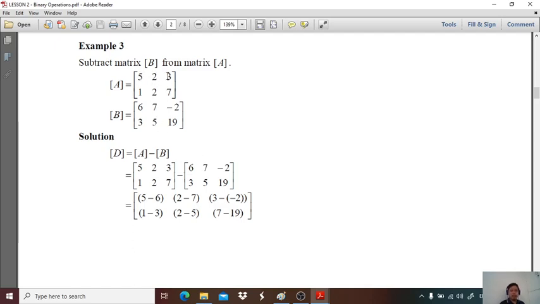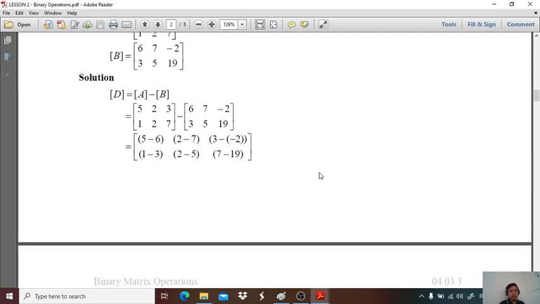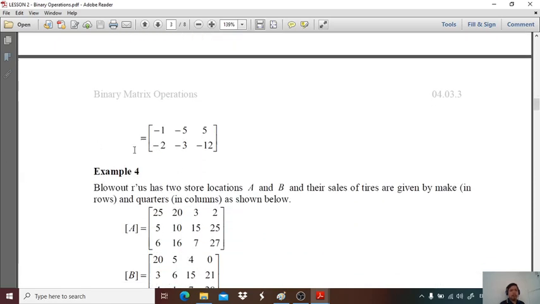We have 3 minus 2, then 1 minus 3, 2 minus 5, and 7 minus 19. So the answer will be the same size as the given matrices. This is the final answer.